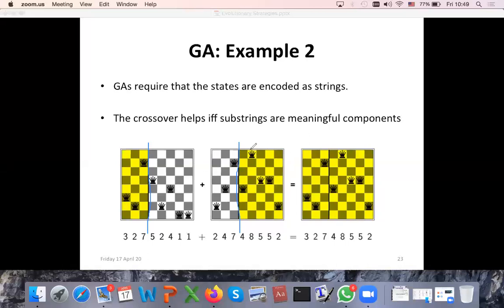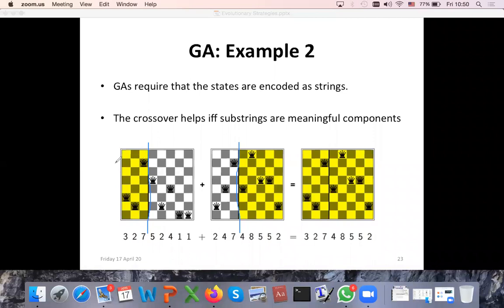So replacing the tail of the second member in place of the first member, and then you are getting this new state. It is also highlighted with this yellow color to understand things easily.